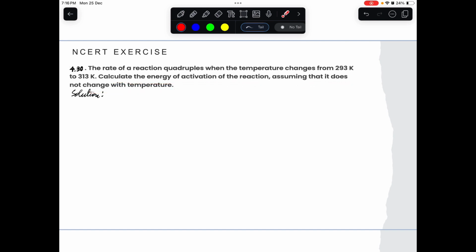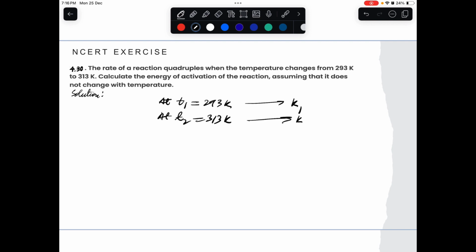The information given to us is this: at T1, the first temperature, which is equal to 293 Kelvin, the rate constant we can take as K1, and at T2, that is 313 Kelvin, the rate constant we can take as K2.